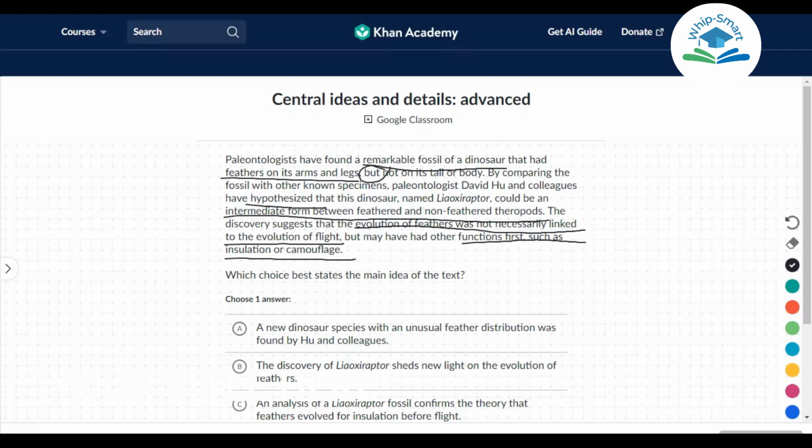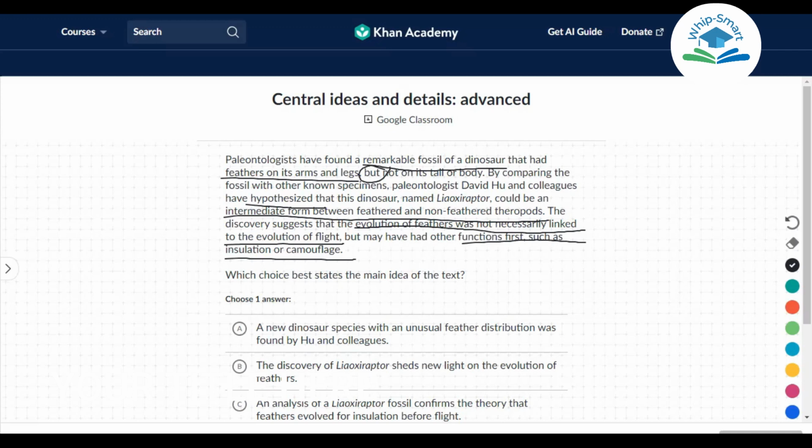See, it says the discovery suggests that the evolution of feathers was not necessarily linked to the evolution of flight. So it's not that when they started flying, the feathers were developed to help them or assist them with flight. Probably the first functions of the feathers were insulation or camouflage. Make sense?